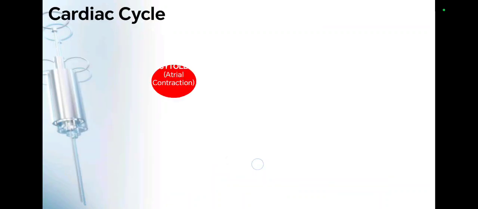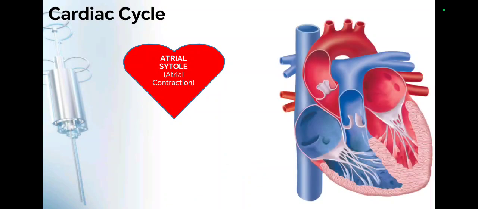So we have here the cardiac cycle, the atrial systole. By the time that the atrium contracts, what happens? When the atrium contracts, it receives the deoxygenated blood from all throughout the body, particularly in the right atrium.